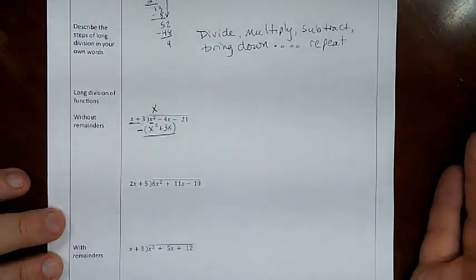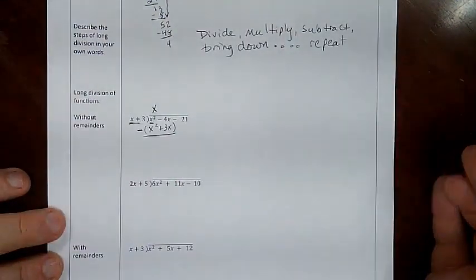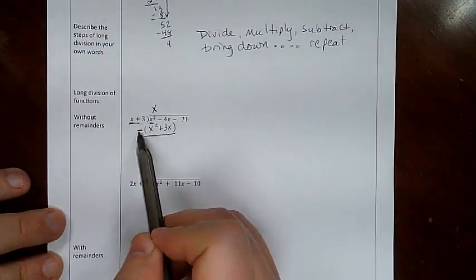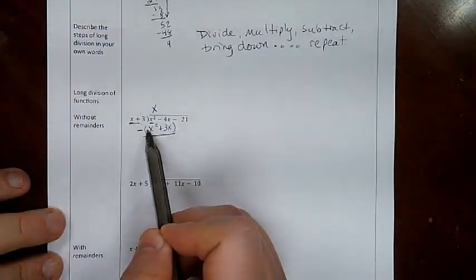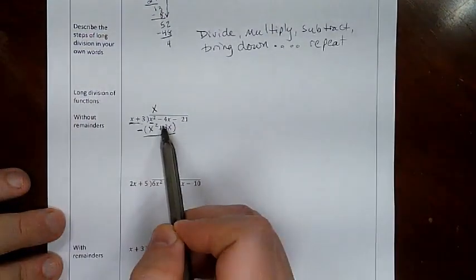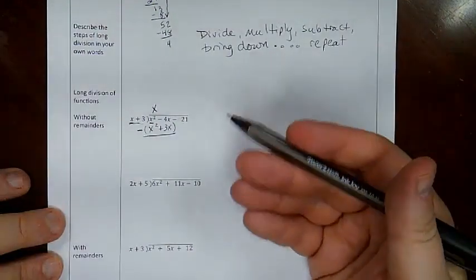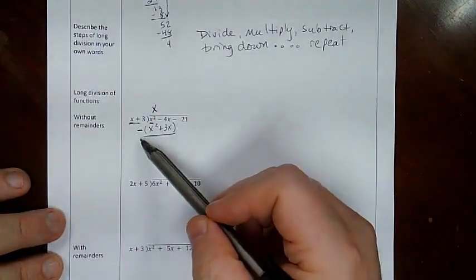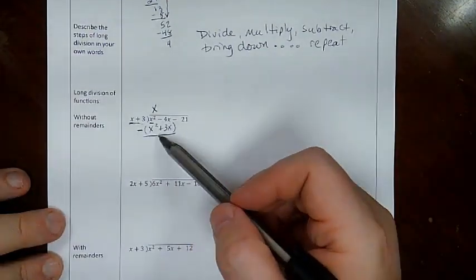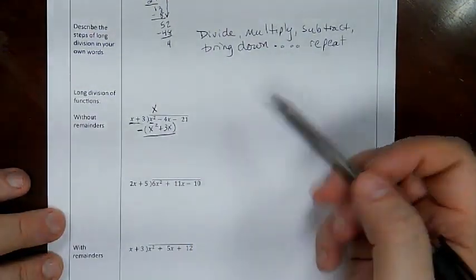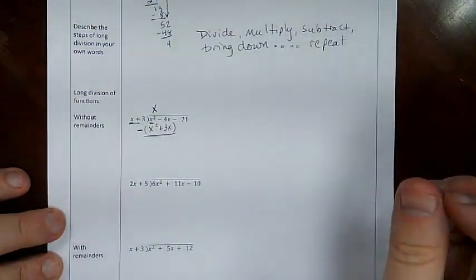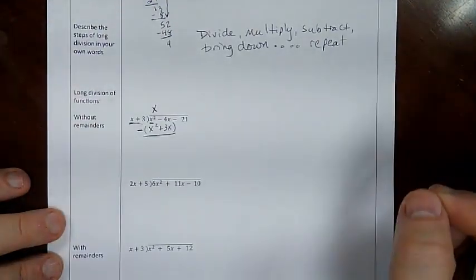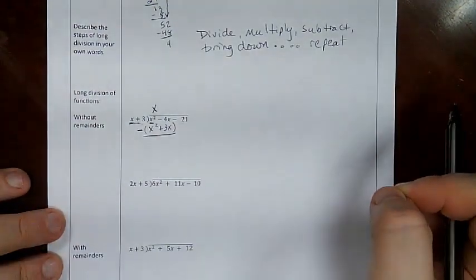If that is okay with you, that is fine. Otherwise, I might distribute this minus sign to both the x squared and this 3x and then I can add down. So you can either understand that it's subtraction or distribute the negative sign and then do addition. Whichever works best for you, just make sure that you're doing it correctly, consistently.